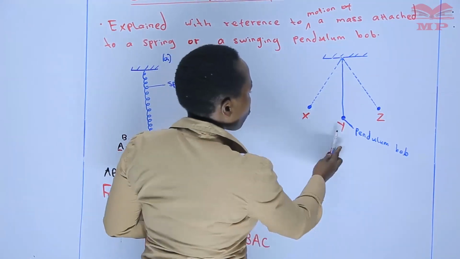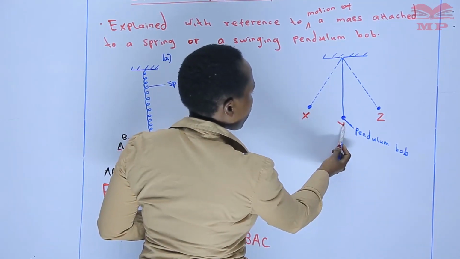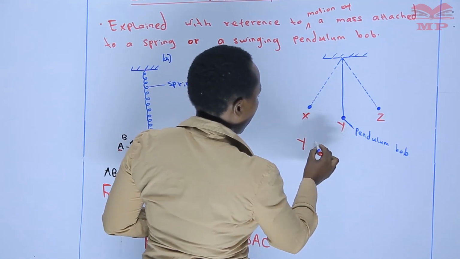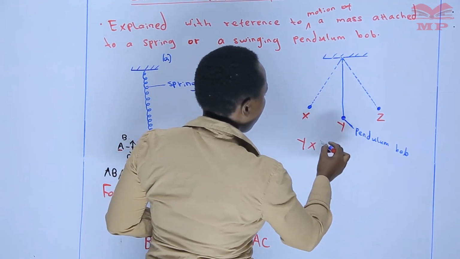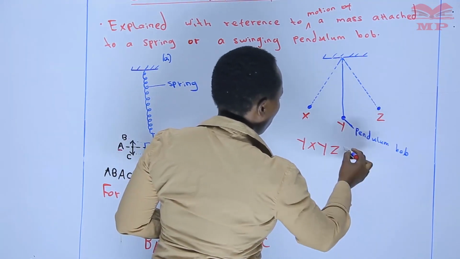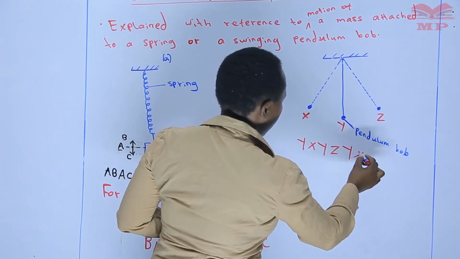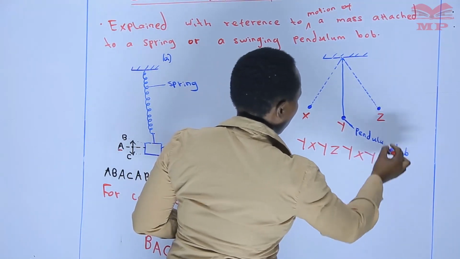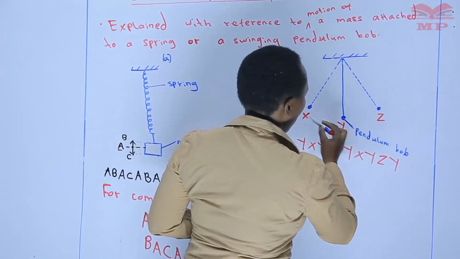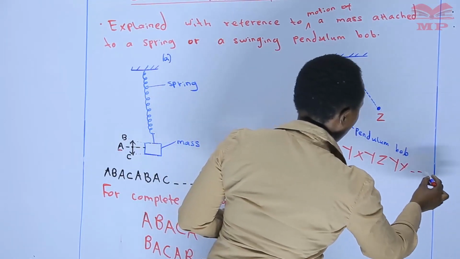Let's say it's starting from Y. So we have from Y to X, then back to Y, then to Z, to Y, to X, to Y, to Z, from Z to Y, from Y to X, and so on and so forth.